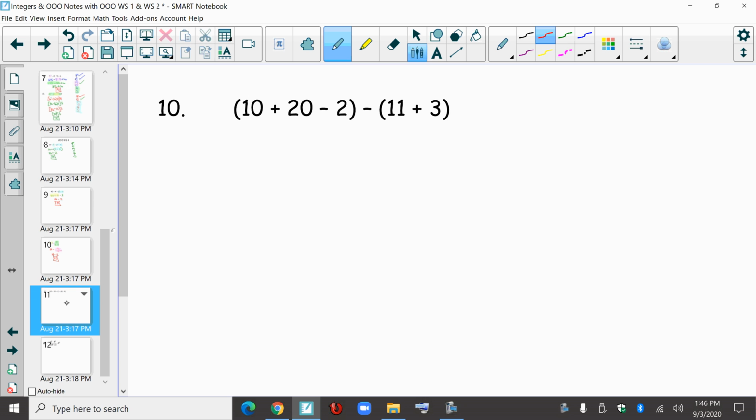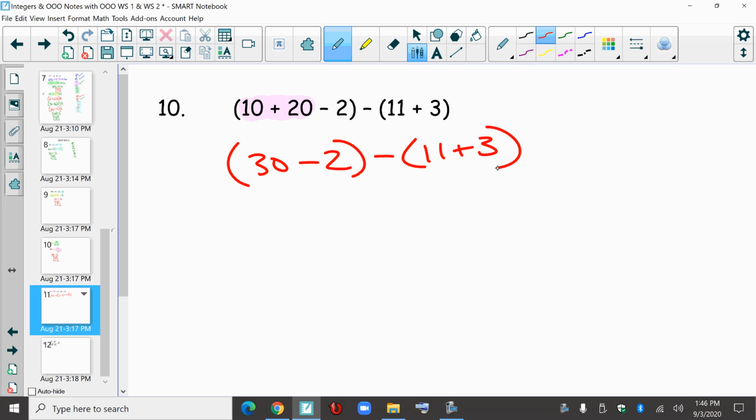Number 10, please excuse my dear Aunt Sally. From left to right, I'm going to do this parenthesis. Now there's addition and subtraction there, so we're going to take it one step at a time. So the first thing I'm going to do is I'm going to take the 10 plus the 20. 10 plus 20 is 30, and I recopy the rest of the problem.